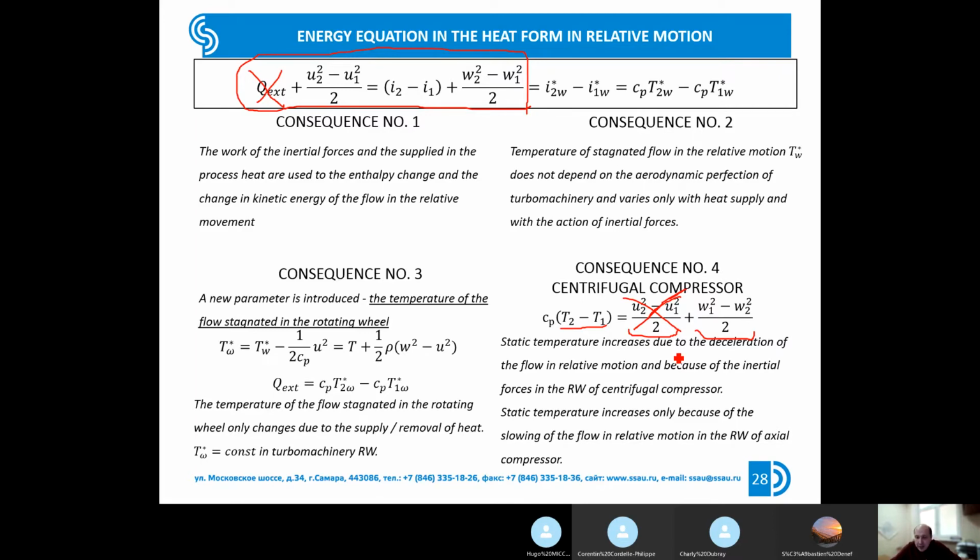If we return back, we will find that the reason for the increase of static temperature is the same as the reason for the increase of static pressure.